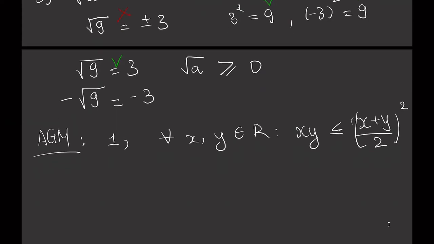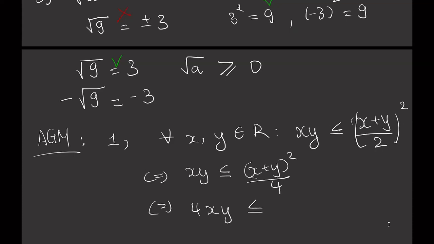And why is it true? Because it's similar to saying xy less than or equal to (x plus y) squared over 4. And if you multiply 4 to both sides, you get this.